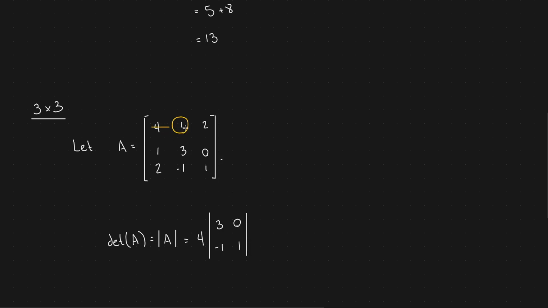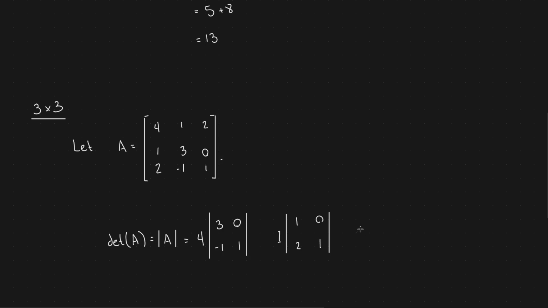Next element in the first row. Imagine canceling out the row and column. Multiply that 1 by the determinant of what's left over: 1, 0, 2, 1. And last element in the first row, cancel out the row and column with that entry in it, and multiply that entry by the determinant of the portion of the matrix that's left over: 1, 3, 2, -1.